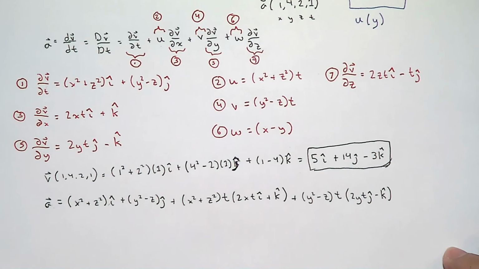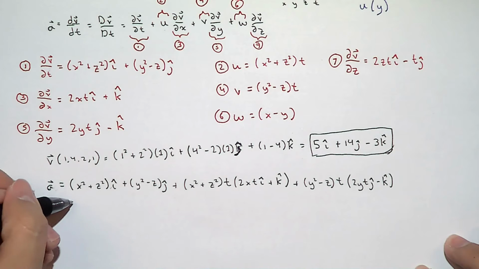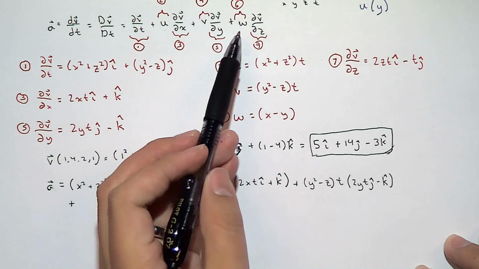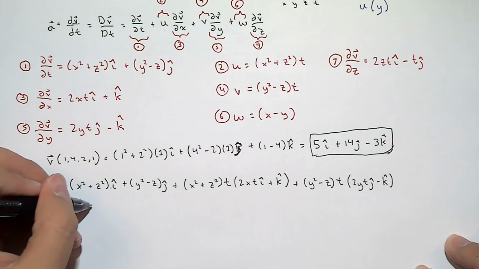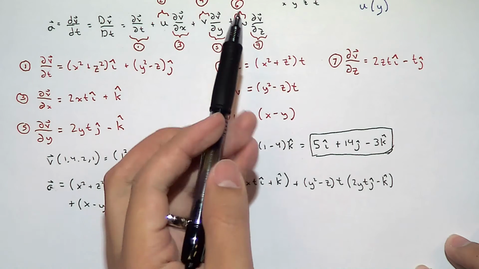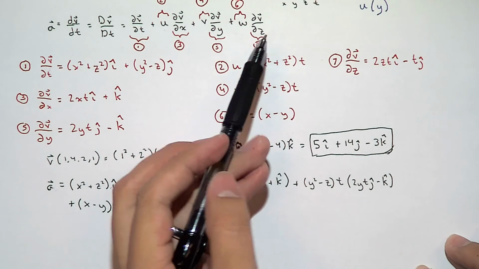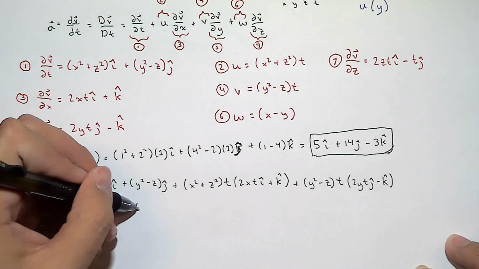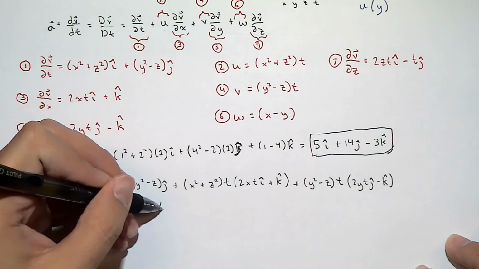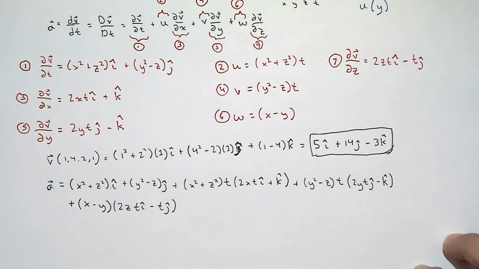I'm going to have to move on. Plus the z component of velocity, that's (x minus y), multiplied by the partial derivative of velocity with respect to z, and that is 2zt i minus t j. Look at that pretty equation.